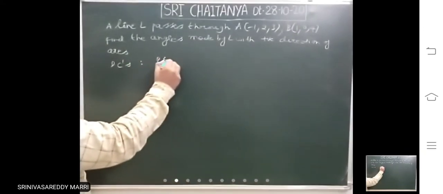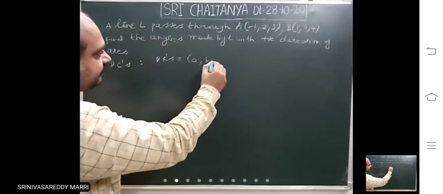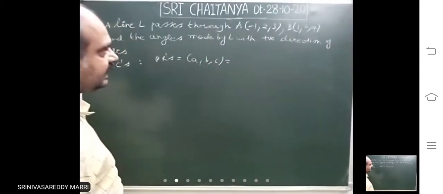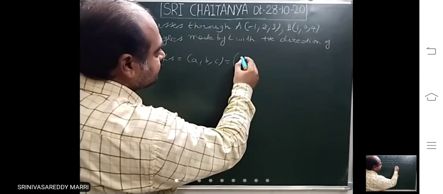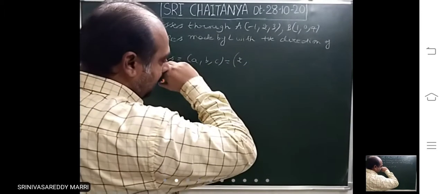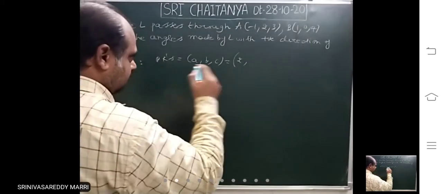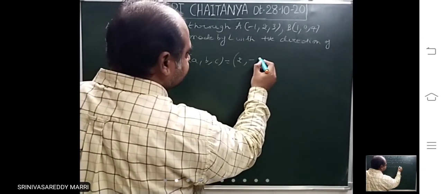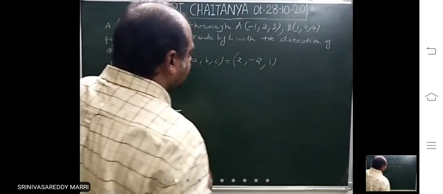First I am calculating DRs. DRs are nothing but A, B, C. That means x2 minus x1, y2 minus y1, so therefore 2, minus 2, 1.